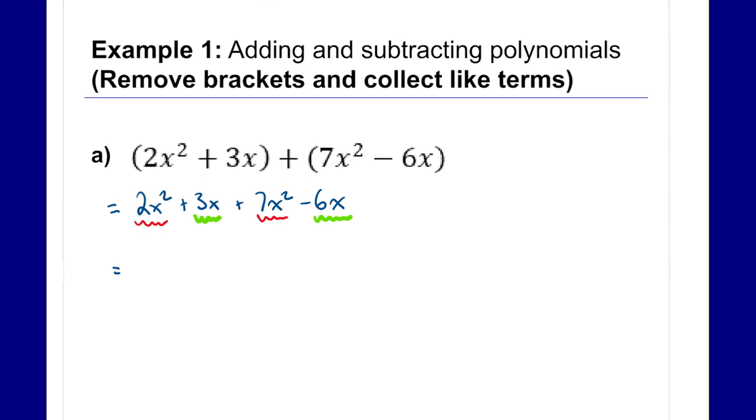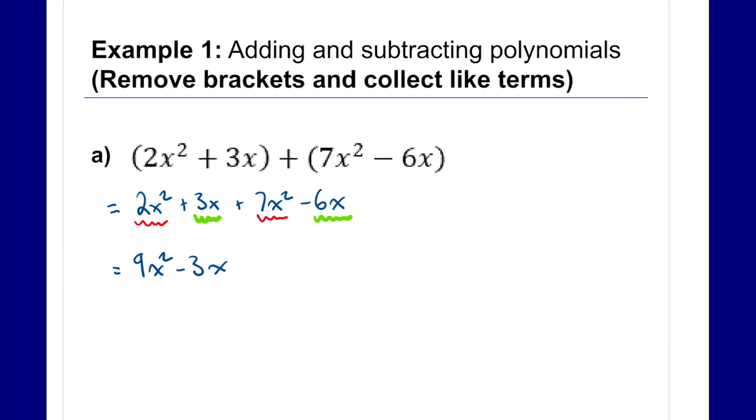So if I go through and add my like terms, 2x squared plus 7x squared is 9x squared. We don't change the variable or the exponent when we're adding or collecting like terms. We only change the value. And when I look at 3x minus 6x, I get negative 3x.